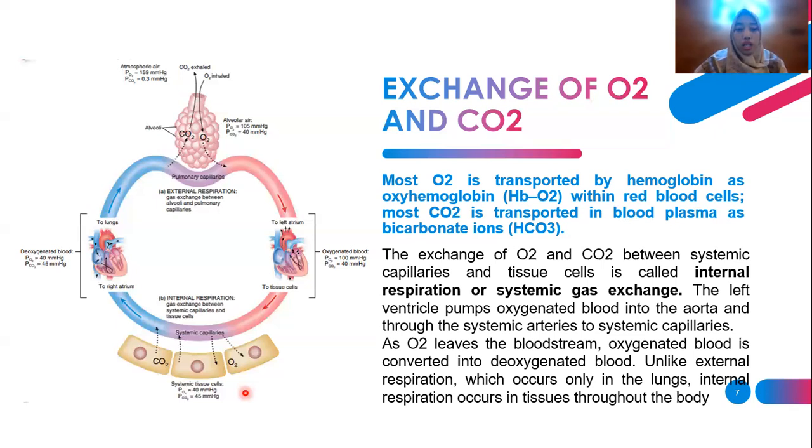As shown in this picture, oxygen diffuses from alveolar air, where its partial pressure is 105 mmHg, into the blood in pulmonary capillaries, where the pressure of oxygen is only 40 in a resting person.